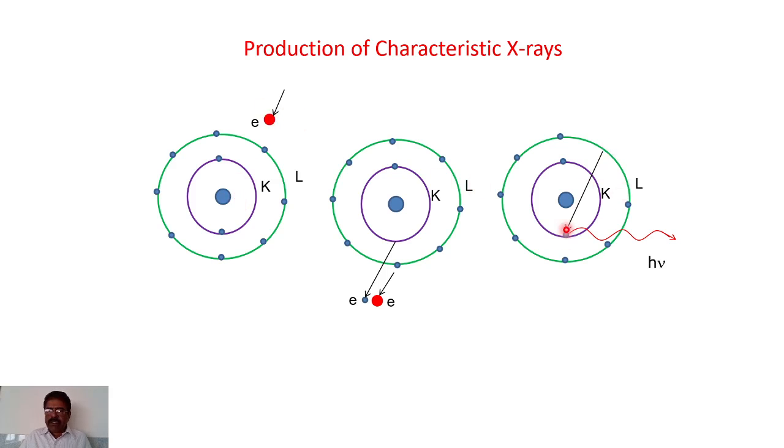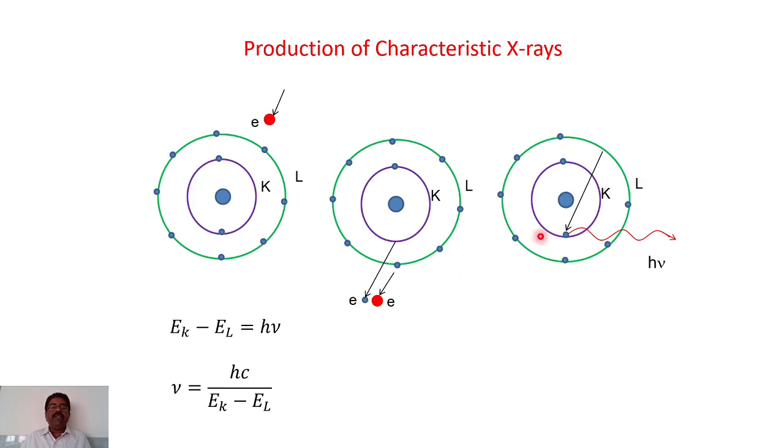Because of this transition from L shell to K shell, the difference in energy of this electron between the two shells of this particular target atom will be given out in the form of a photon, and this is nothing but an X-ray photon, having energy equal to the difference between these two energy levels.